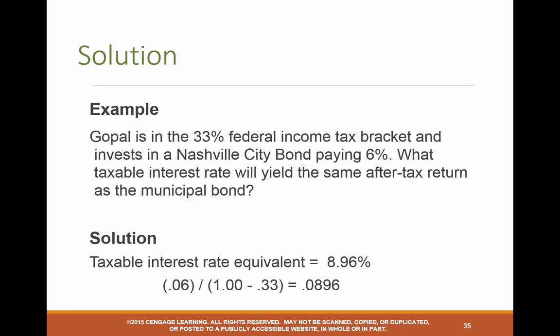So the lesson learned from this little illustration is, when you're comparing a muni bond to a bond that's fully taxable, you've got to convert the muni bond to an after-tax return in order to make the comparison. Does that make sense?